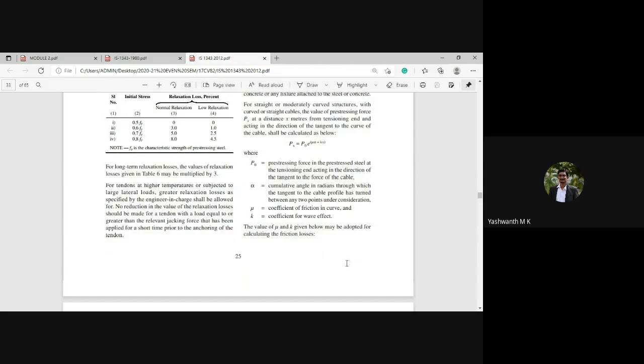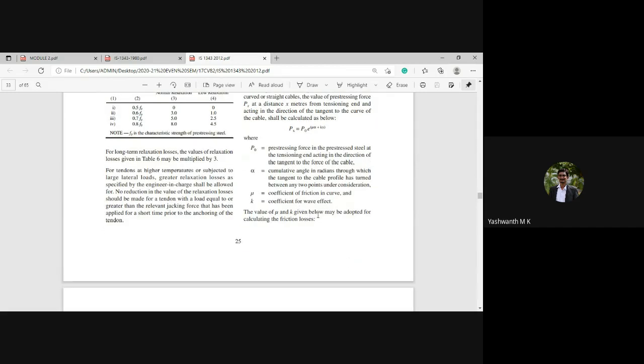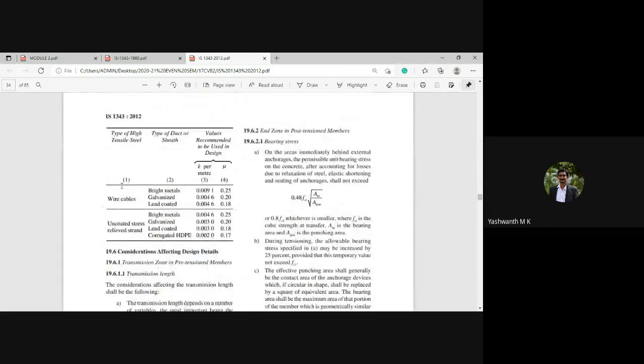The values of mu and K are given below. You can see here the types of steel, wire cables, based upon the ducts, where the K value and mu value have been mentioned. So when data is missing with respect to K and mu, you can pick up the K and mu values from this particular code, that is IS 1343:2012.